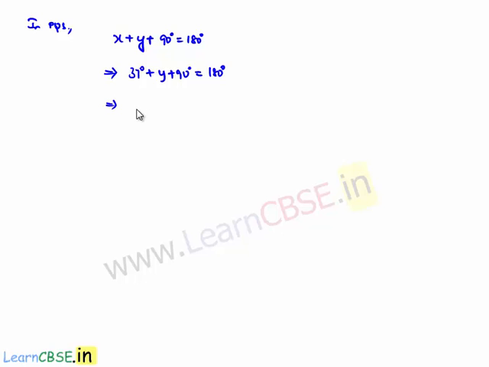That implies 127 degrees plus Y is equal to 180 degrees, which is nothing but Y is equal to 180 degrees minus 127 degrees, which is nothing but 53 degrees.